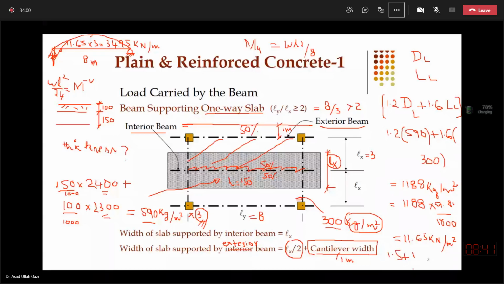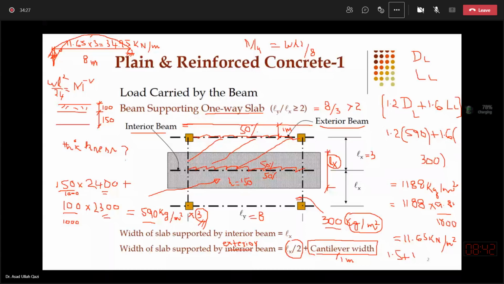For interior, I use 3 meter because the adjacent spans were equal and they were having 3 meter shorter span. And in this way, we need to estimate for interior and exterior what the transverse widths are which will transfer the load to the beam.